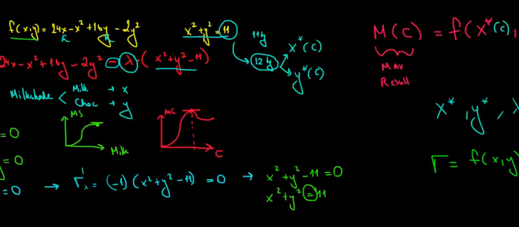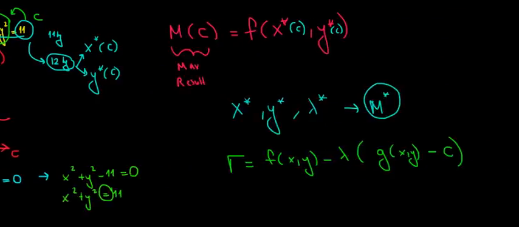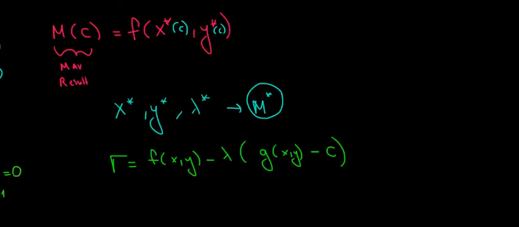But what is g of x and y? Is this one over here, x squared plus y squared, and then we just take the constraint, the constant, to the left. So that's gonna be our c. The 11 is our c in this case. Okay. Now, what we said is that if we have the optimal values, we will have this maximum result. Would that be true or not?